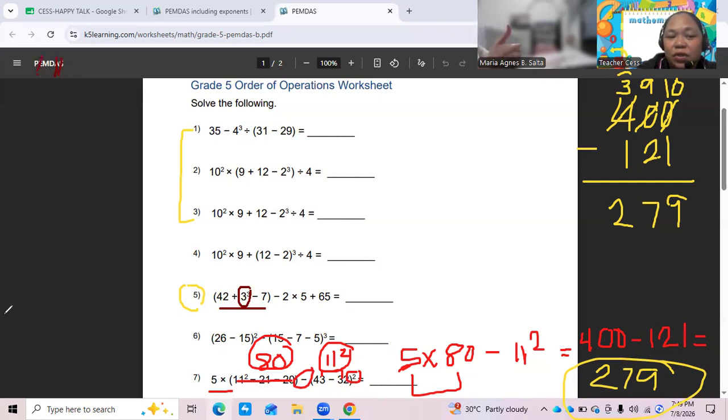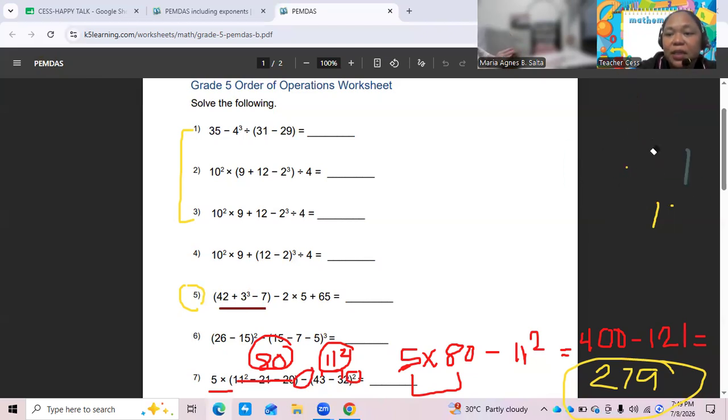So you will do the exponent first. 3 raised to 3 means 3 times 3 times 3. 3 times 3 is 9. 9 times 3 is 27. So this is 27.